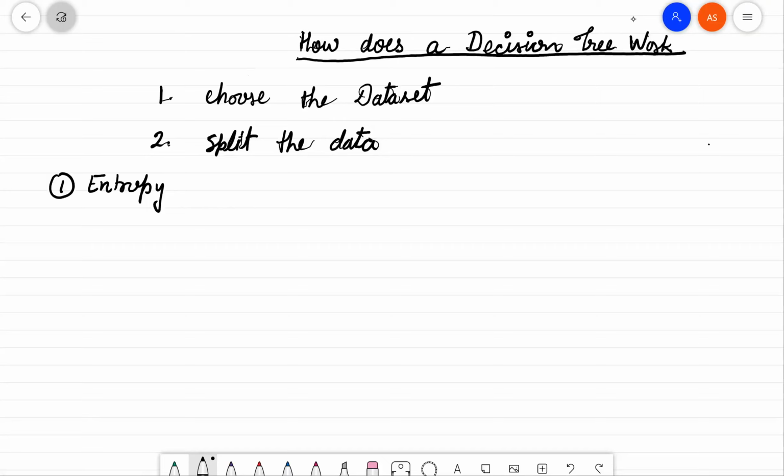So what is entropy here? First term is entropy. Entropy is the measure of randomness or unpredictability in the data set.